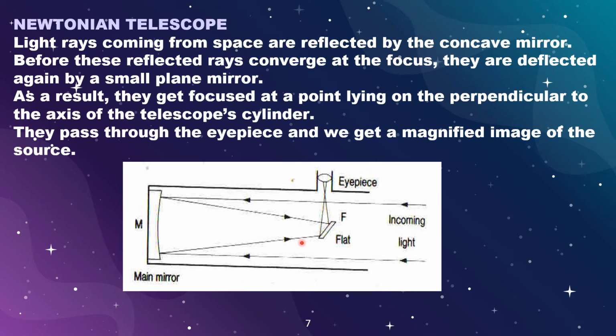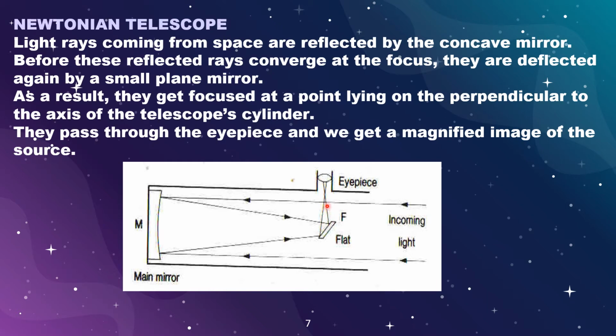However, these rays are once again deflected by a small plane mirror before these reflected rays converge at a point, that is the focus. So these rays get focused here. You can see the focus is here at this particular point where these rays are meeting.